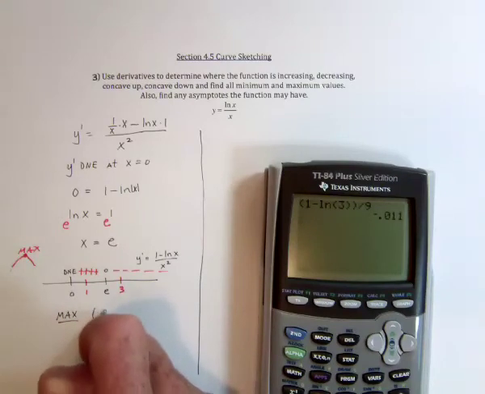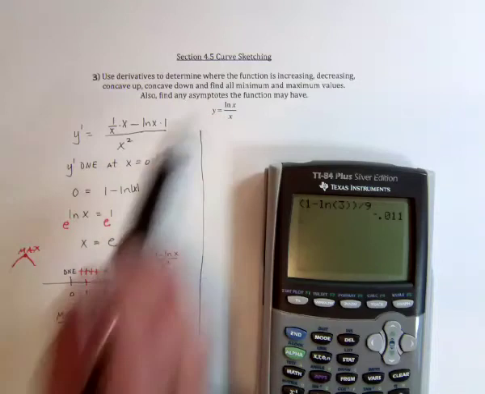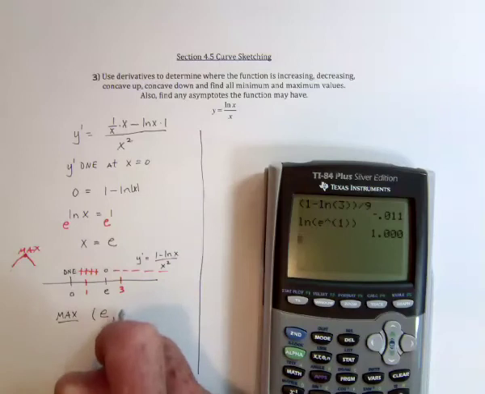So e, and then substitute to find out what the y value should be. Well, natural log of e, that's 1. They cancel each other out. So that would be a 1 divided by e. So there's the maximum value.